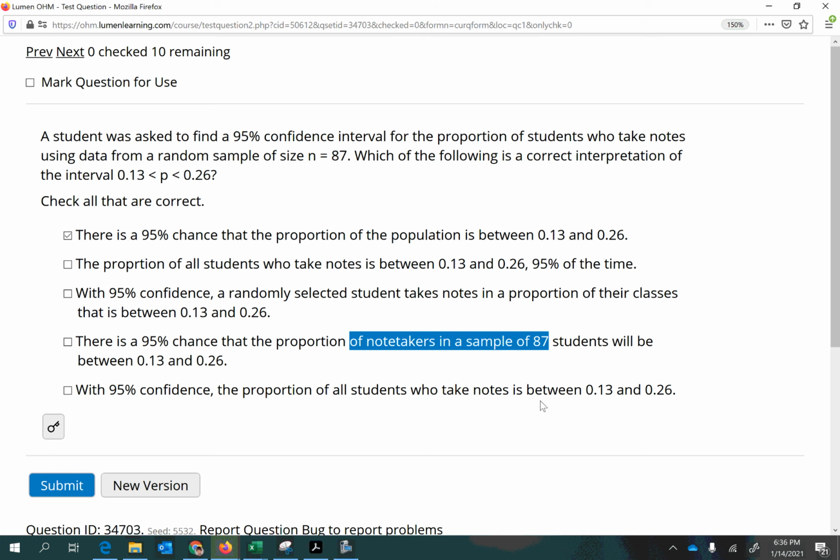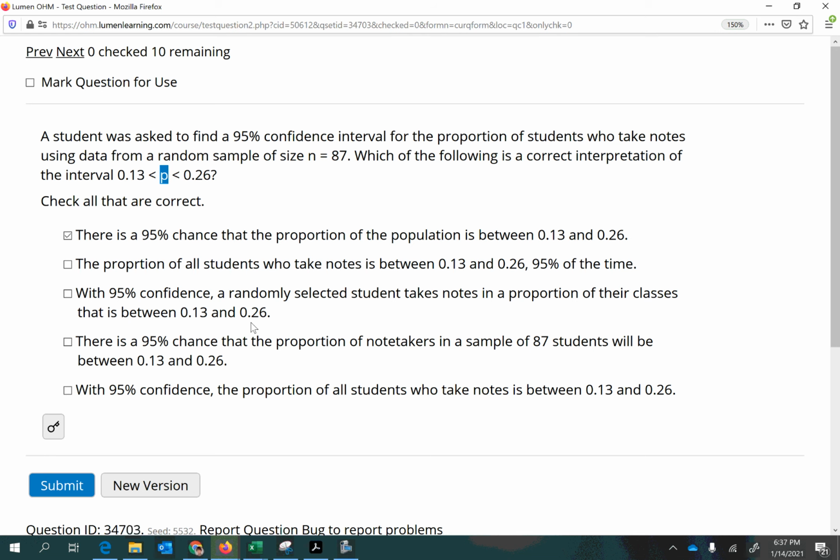Specifying that it's only within a specific sample of 87 makes this the incorrect answer. If you're talking about just a sample, then you're talking about the sample proportion, and we're not estimating a sample proportion. We're estimating the population proportion of all students in that population, whatever it is. It could be all students in the United States, or all students in a certain college, or all the statistics classes in a certain college.